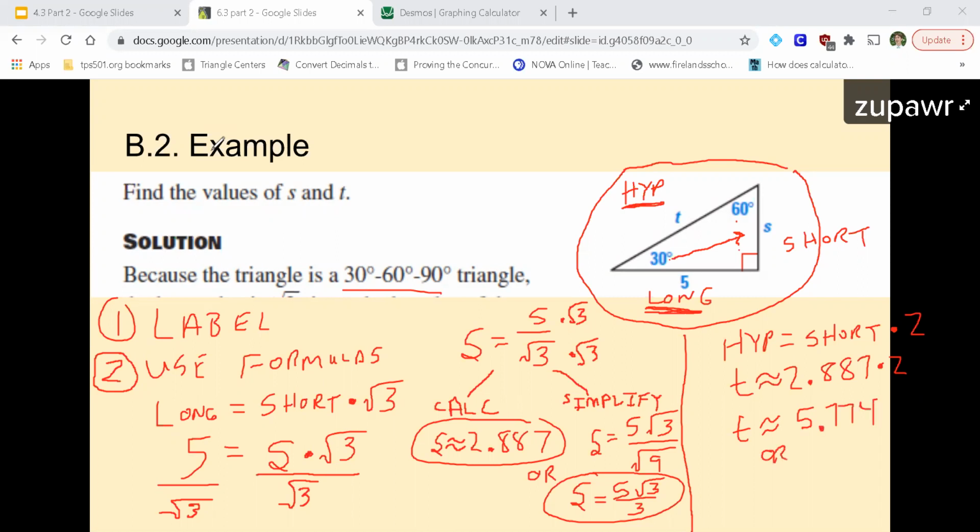Or, again, if you use the exact value, T would be equal to 5 square roots of 3 over 3 times 2, which is 10 square roots of 3 over 3. So again, I would accept either of these answers for T. The second answer here is better than the first. But what are you going to do?